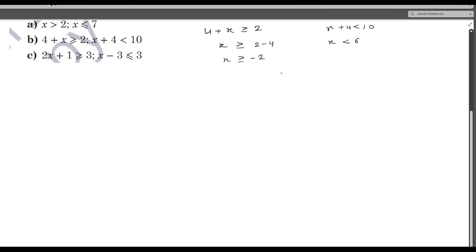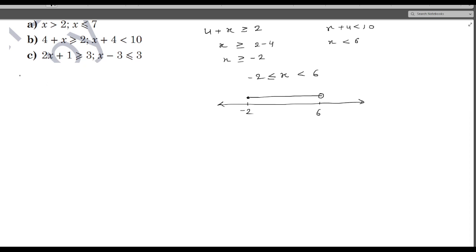So if we club, we will say that x is greater than or equal to minus 2, less than 6. So on this number line, if this value is say minus 2 and here say this value is 6, then this minus 2 is included in the solution and this 6 is not included. So I will use an empty circle over here.